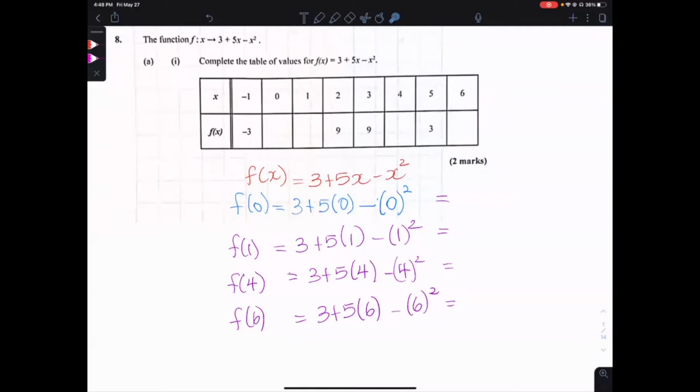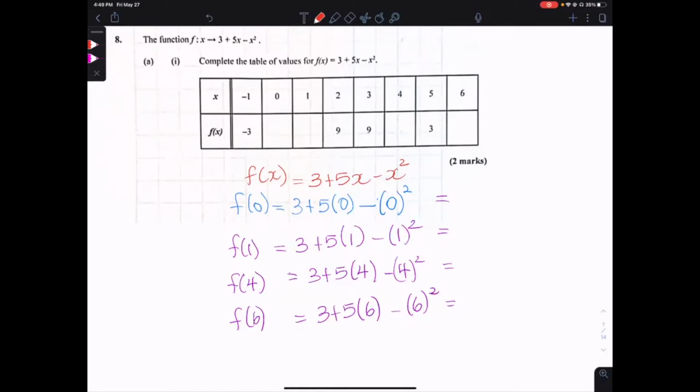Does anybody have the values ready and they like to share it? All right, does anybody want to share the values?